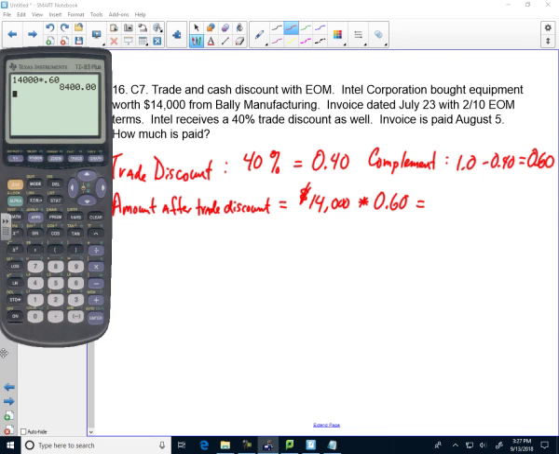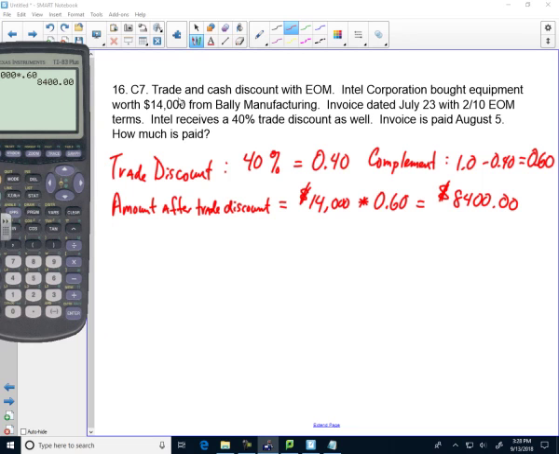So what'd y'all get? Okay. So we've dealt with our trade discount. Now we need to think about the end of month, and I'll just write out what we decided earlier.